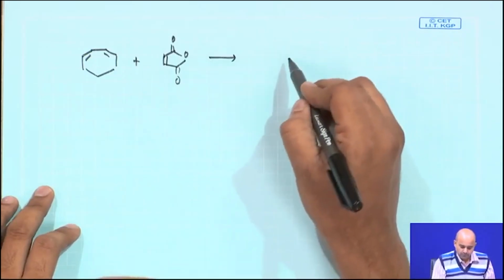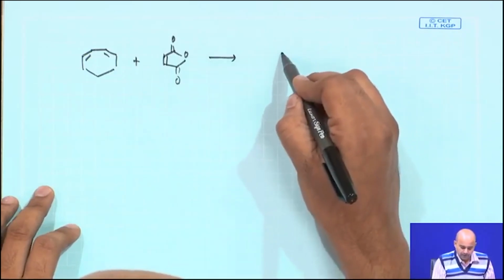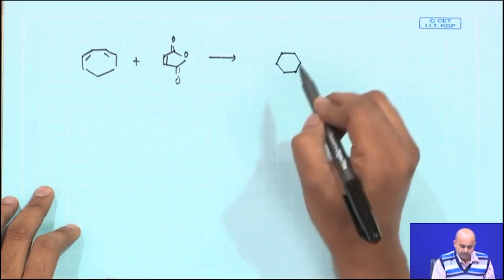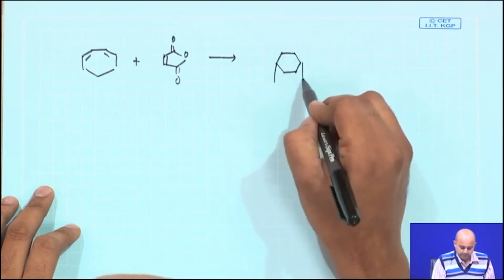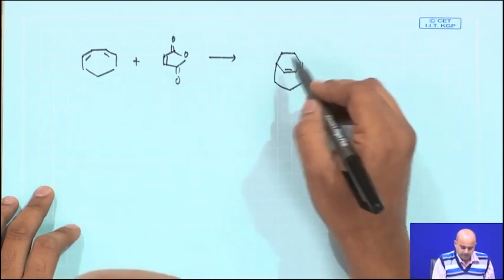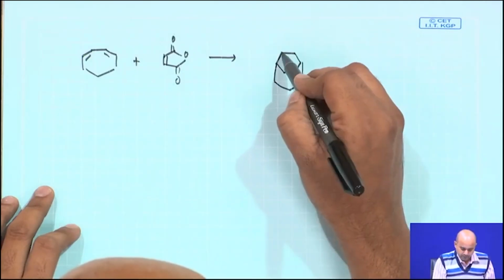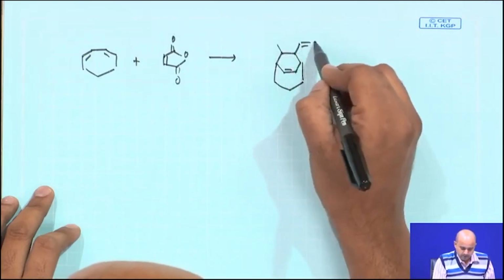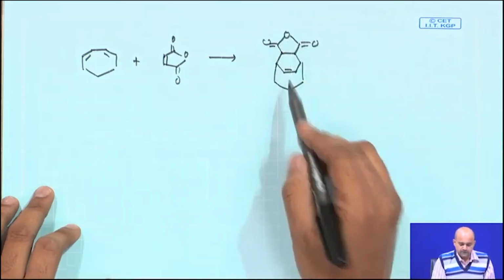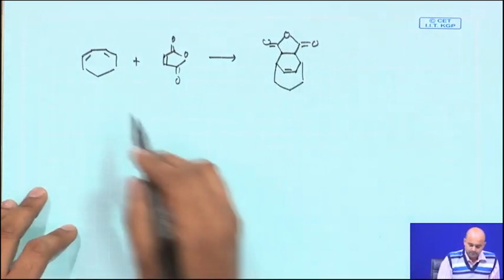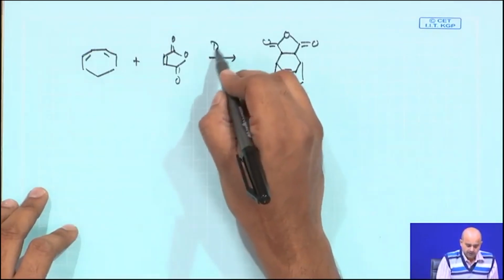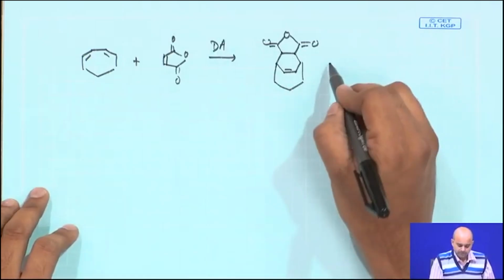So, basically what we will get, I will write in a different way as given in the intermediate. I will put this double bond here which has been newly generated, and this is the initial intermediate which we get by a 4+2 cycloaddition, or Diels-Alder reaction.